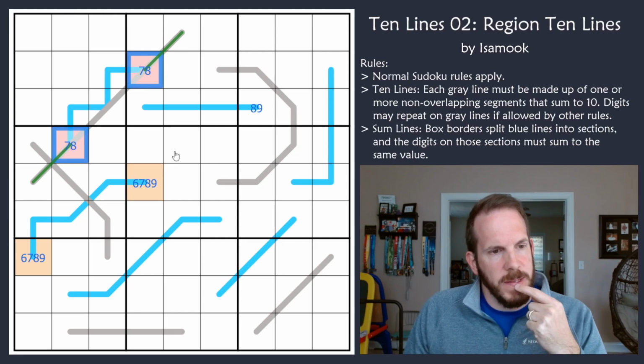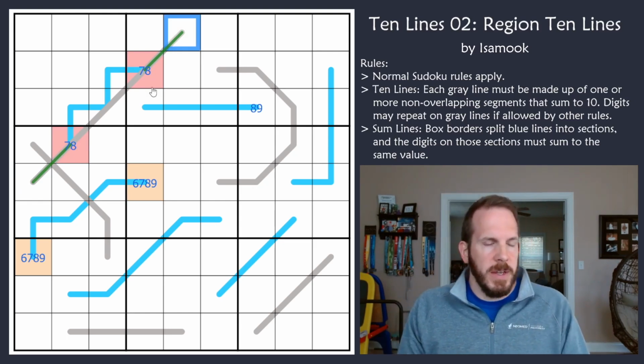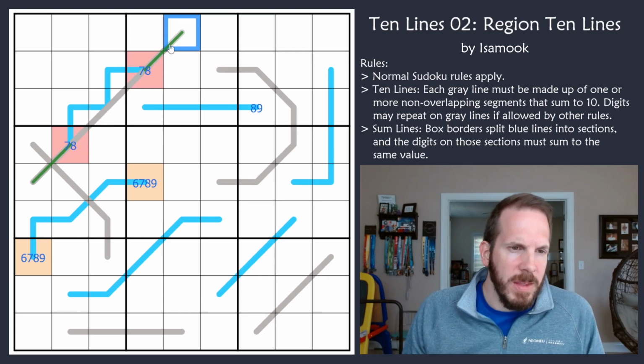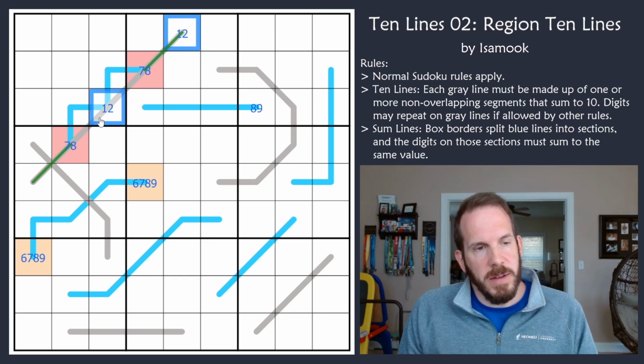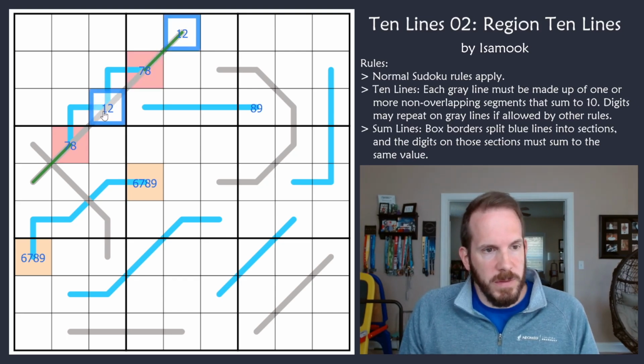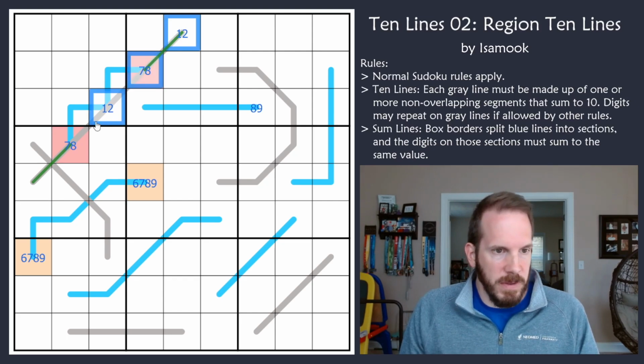So I see we've got some restrictions on what these cells can be. Okay, so what are our options? If this is a 3-cell sum, this could be 7 with a 1, 2 pair to get us to 10, or it could be 8 with 2 1s. Regardless, there's a 1 if this is the 3-cell line.